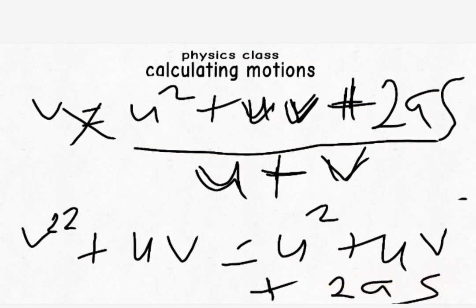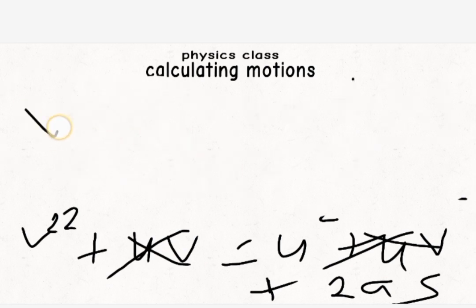So what's common to both sides? uv. So let's cancel that out. Then we are left with v square is equal to u square plus 2as.